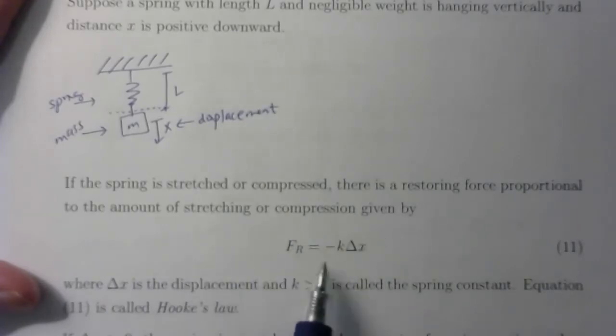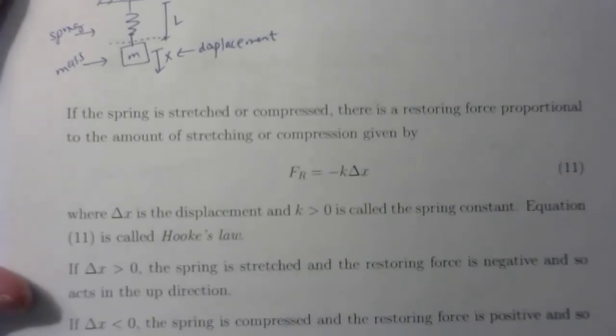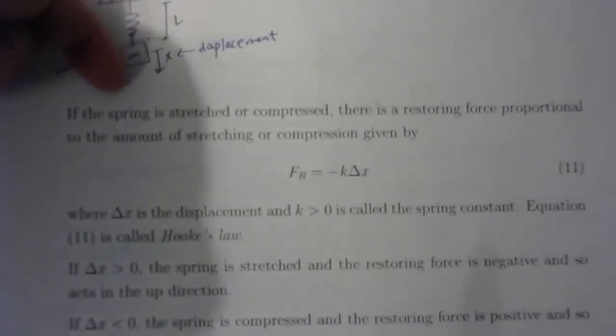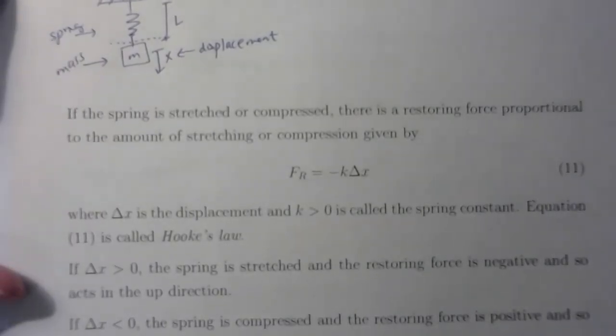So that's this restoring force here, where delta x is the displacement, and k is the proportionality constant, and it's minus because this constant is always positive. So that means that when delta x is positive, so the spring is stretched downward, the restoring force happens in the negative or upward direction. So it's in the opposite direction.